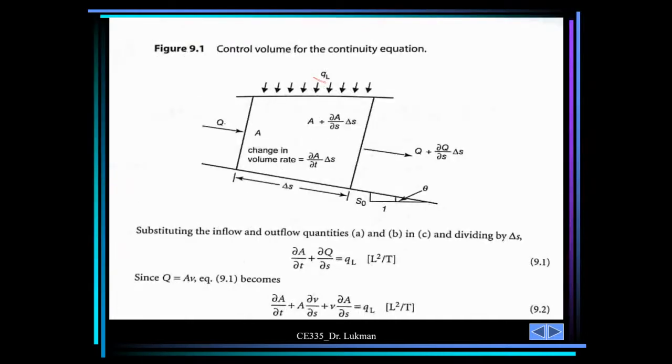So you have the discharge here, and this is the area. Then after it traverses the distance delta s, it becomes A plus del A del s times delta s, like an increment in the flow rate as well as the area. This is the slope of the channel, theta, given by S0, what is called the channel slope.